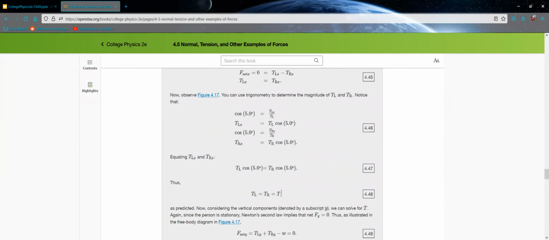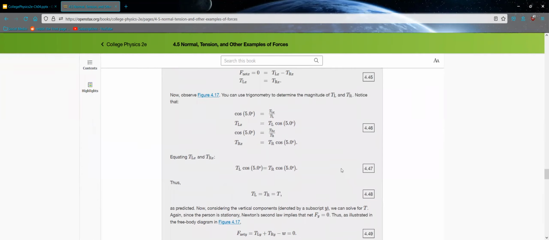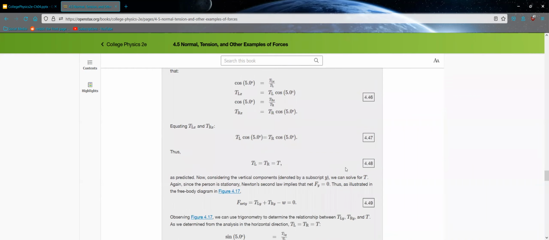And same thing for TRX and TR. Setting those two equal to each other tells us that the tension on the left side is equal to the tension on the right side, and that's our total tension. That makes sense when you think about it, but the math here verifies what we're talking about. Because the angles are the same, therefore they're both contributing an equal amount.